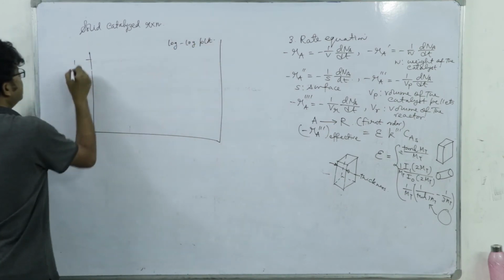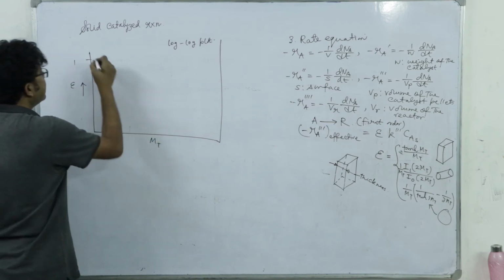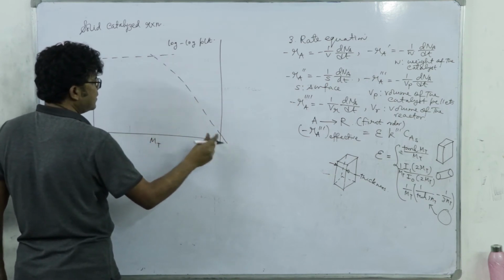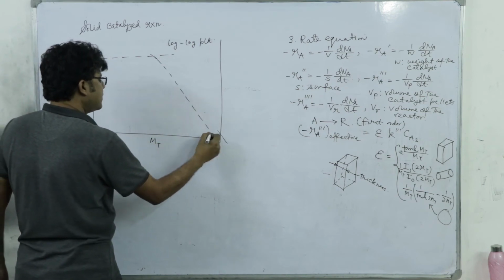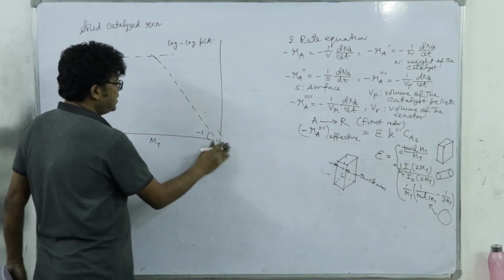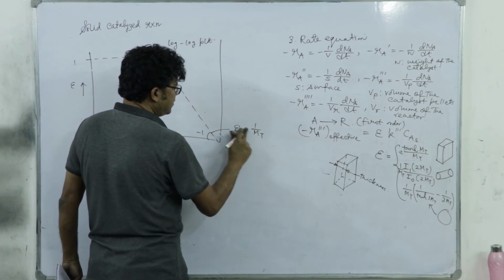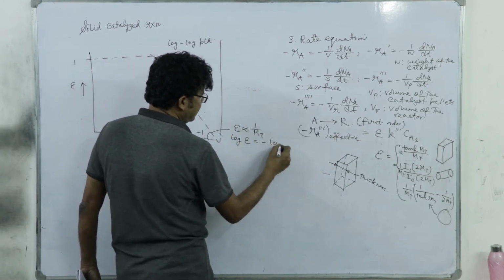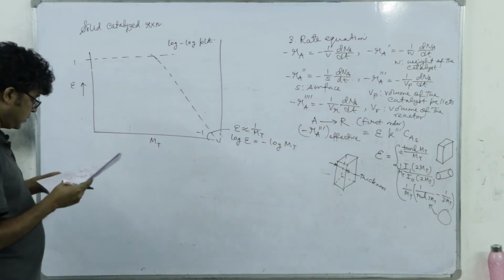Here we are plotting epsilon, and this is mt. It has a slope of minus 1, because epsilon is equal to 1 by mt, or nearly equal to 1 by mt. So, log of epsilon equals minus log of mt, and the log profile must be a curve of slope minus 1.